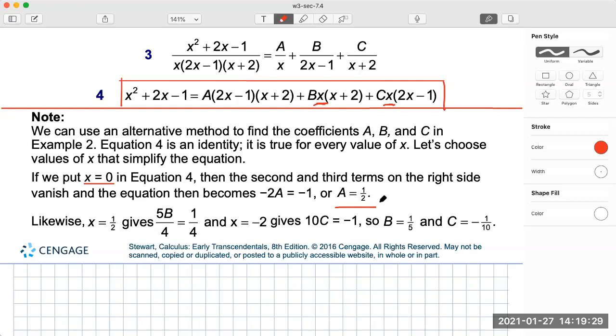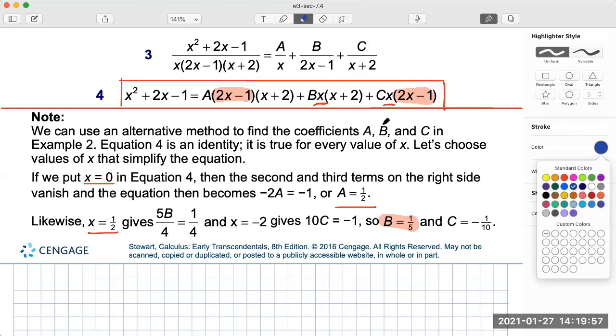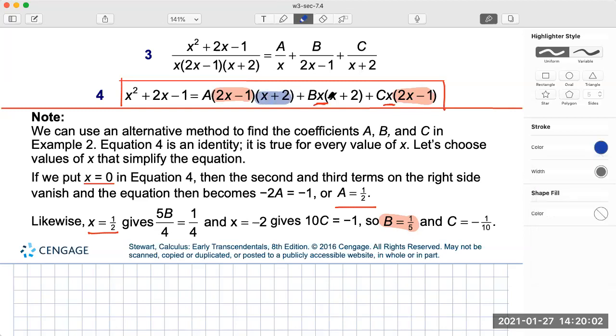In a second case, we consider x is 1/2, which is the solution of this guy. Then if we replace x by 1/2, a and c will disappear. And we can find b easily, and it is 1/5. Similarly, if we substitute the value of the solution of this term, a and b will disappear, right?